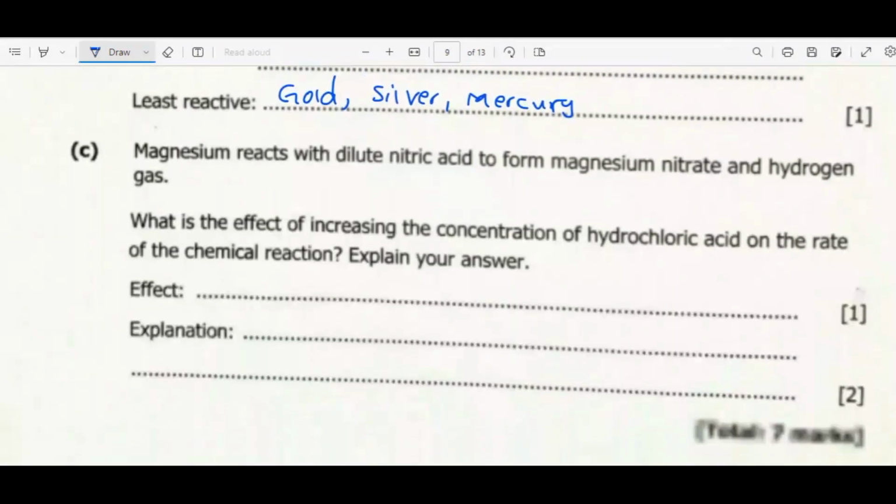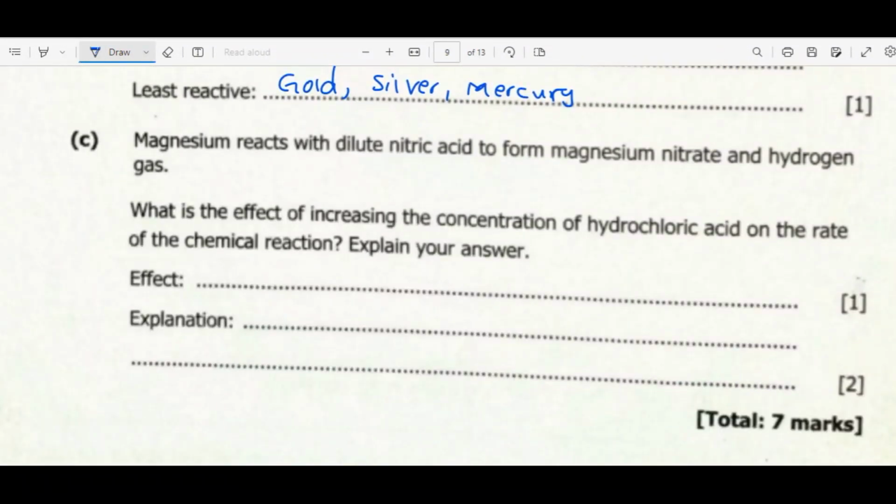Now we move on to question C. Magnesium reacts with dilute nitric acid to form magnesium nitrate and hydrogen gas. What is the effect of increasing the concentration of hydrochloric acid on the rate of a chemical reaction? Explain your answer. So if you increase the concentration, you increase the rate of chemical reaction.